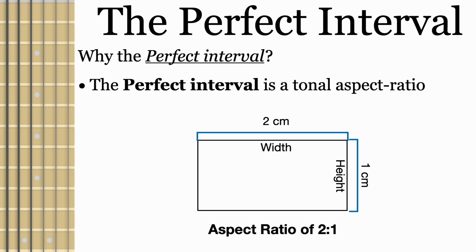No matter what, we have a width of 2 and a height of 1. And you may be thinking to yourself, why are we looking at squares? Okay, I understand now what an aspect ratio means, but how does this square have anything whatsoever to do with music, let alone a perfect interval?